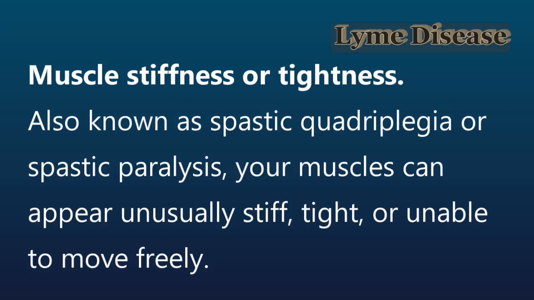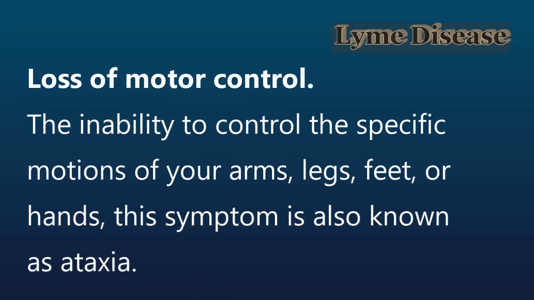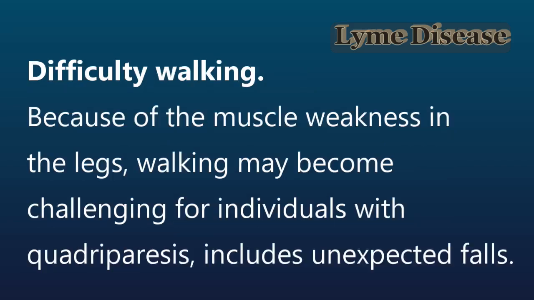Muscle stiffness or tightness, also known as spastic quadriplegia or spastic paralysis. Your muscles can appear unusually stiff, tight, or unable to move freely. Loss of motor control, the inability to control the specific motions of your arms, legs, feet, or hands. This symptom is also known as ataxia.